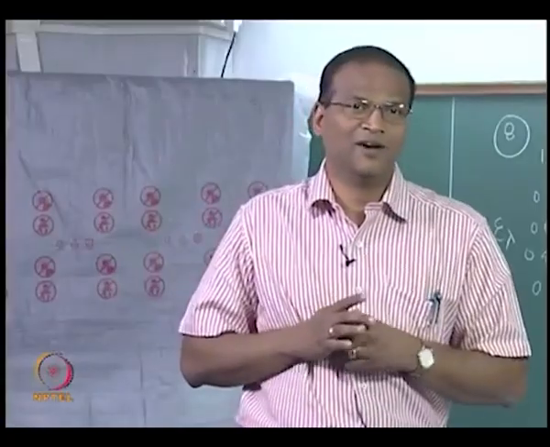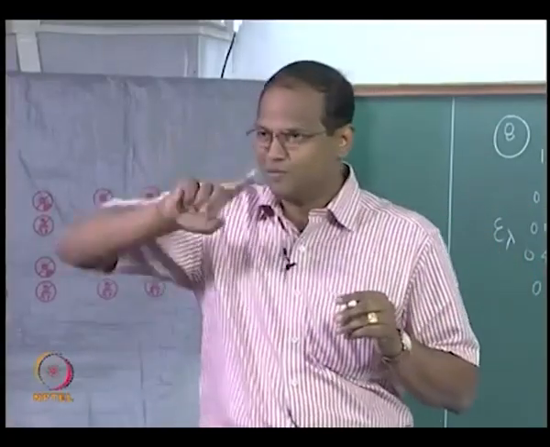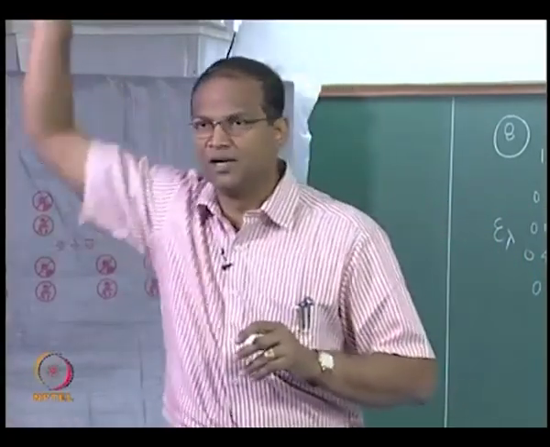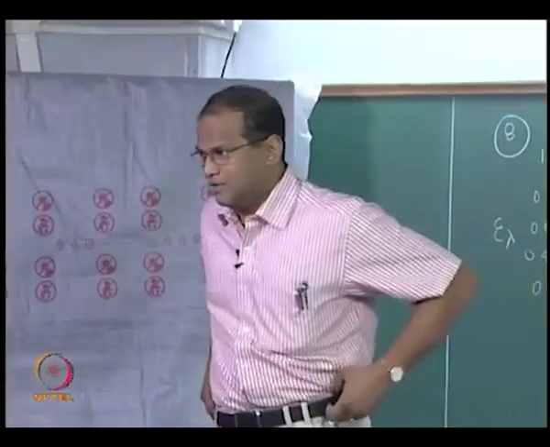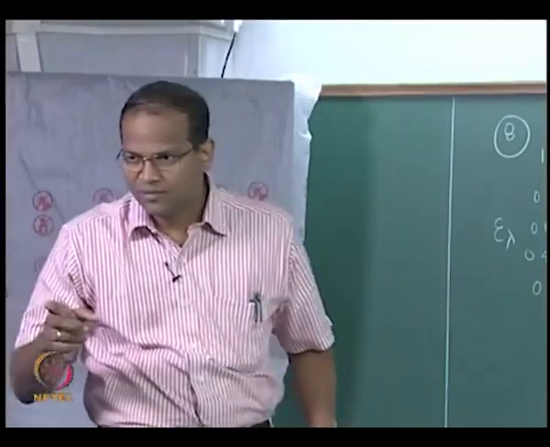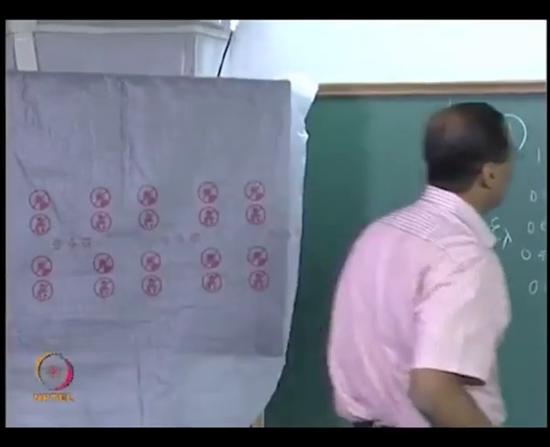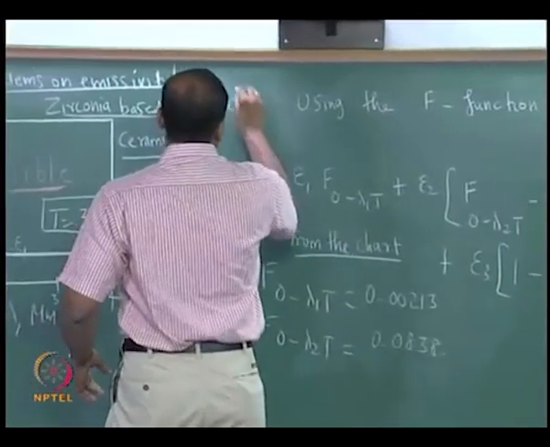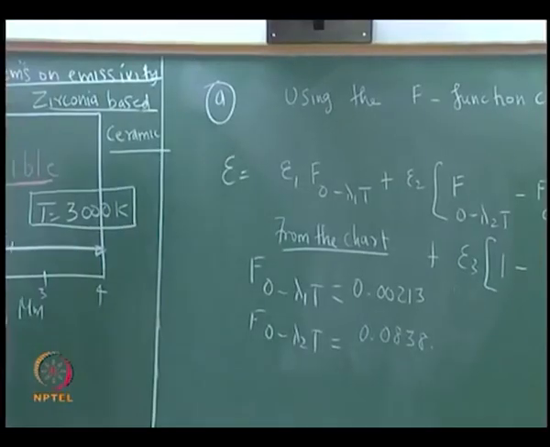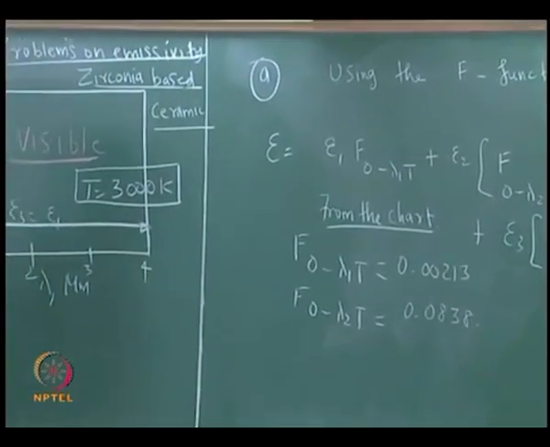Thinking that you are smart, it does not work, because the epsilon must be multiplied by the f, right, because sigma T to the power of 4 is there, alright. So fine, A part is over. The hemispherical total emissivity of zirconia is 0.249.